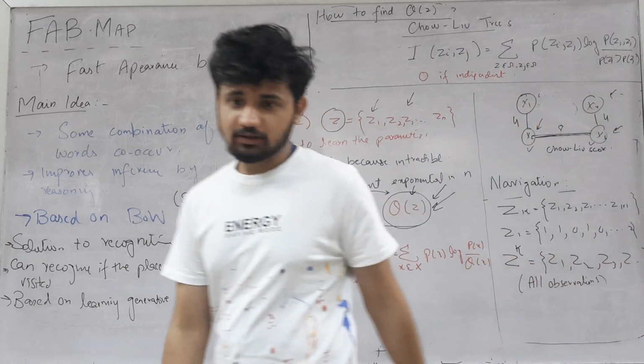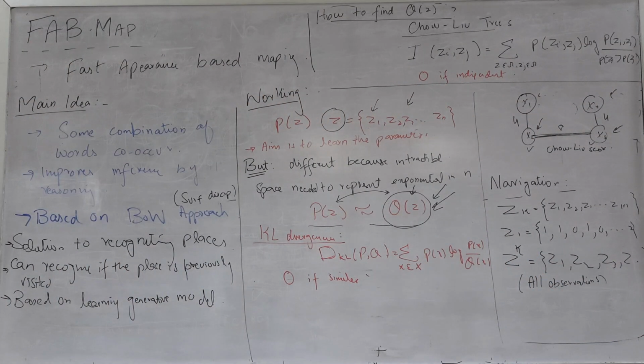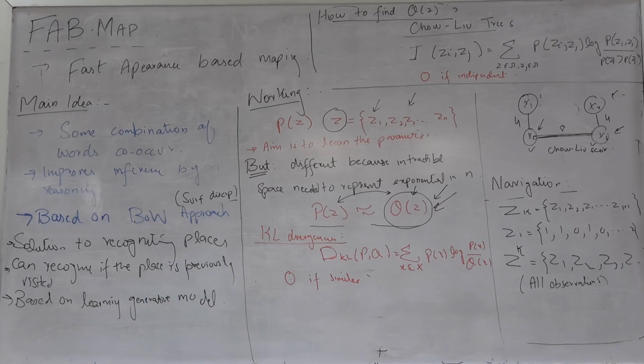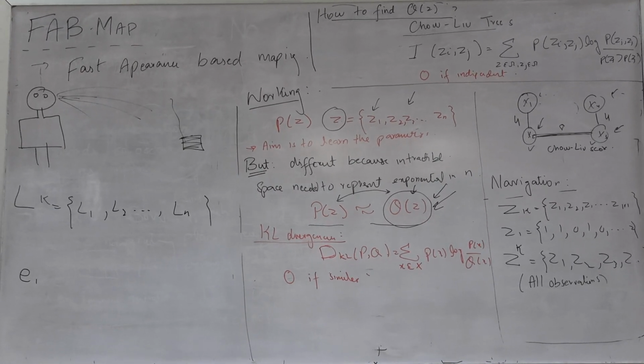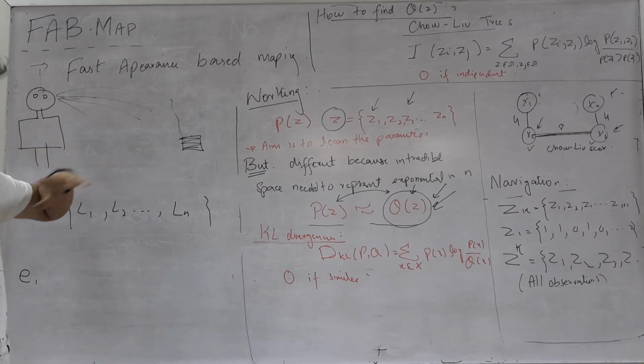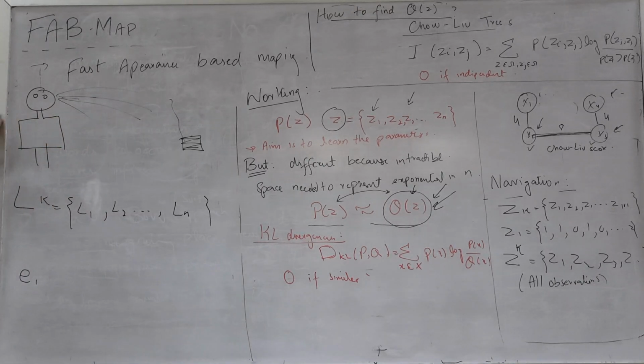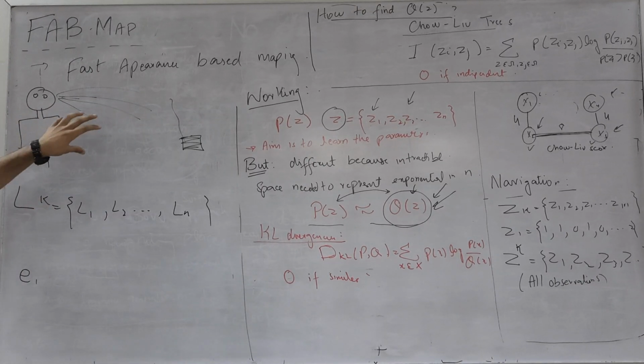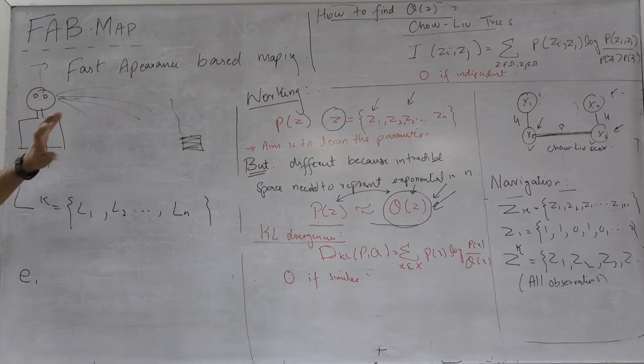Let me rub the whiteboard first. Okay, so for example, a robot was moving and observing the environment. Now it needs to do two things: first, localization, and secondly, mapping.